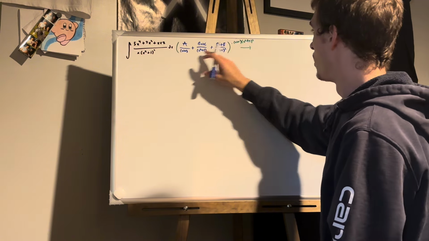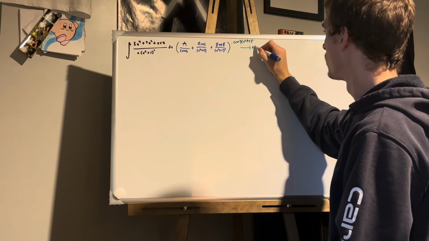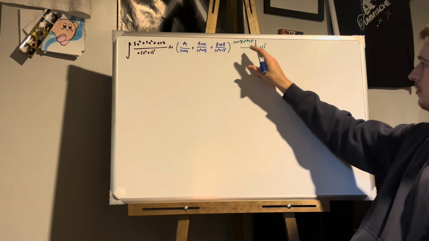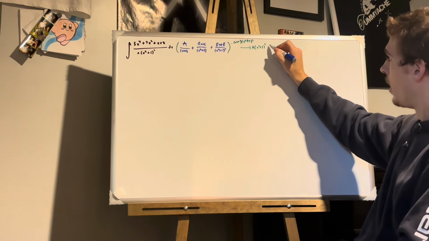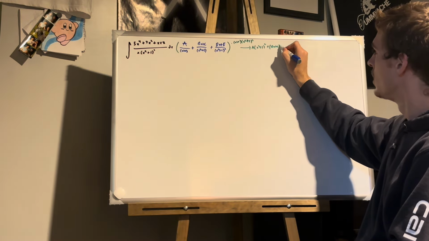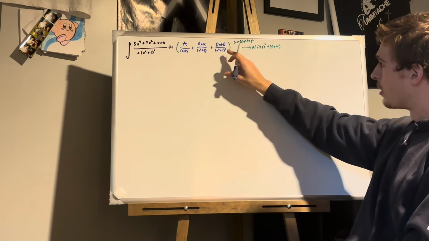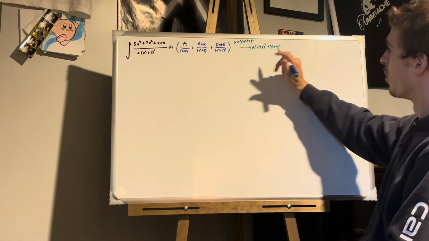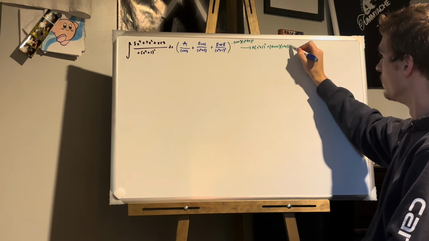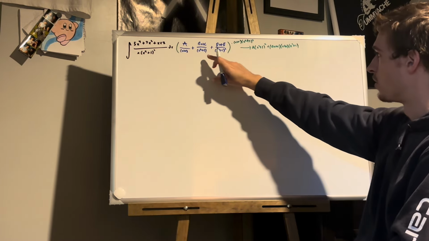These x plus 0's cancel, and then it's just A times x squared plus 1 squared. Then we have Bx plus C as one term, and what's canceling out the denominator? x squared plus 1, and one of the x squared plus 1s. So we're just going to have x plus 0 times x squared plus 1, but not squared because one of them canceled out.